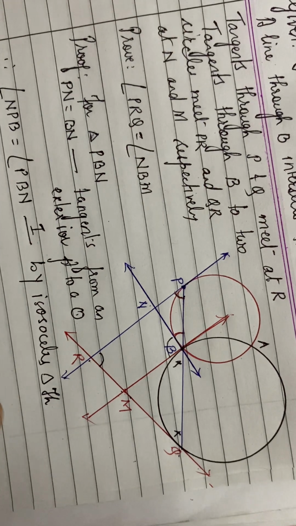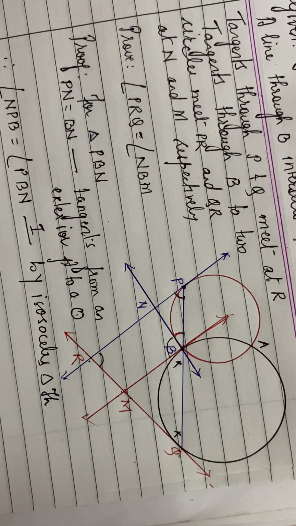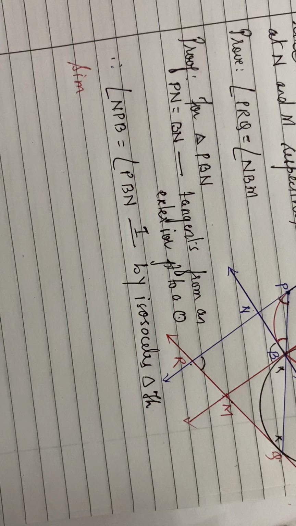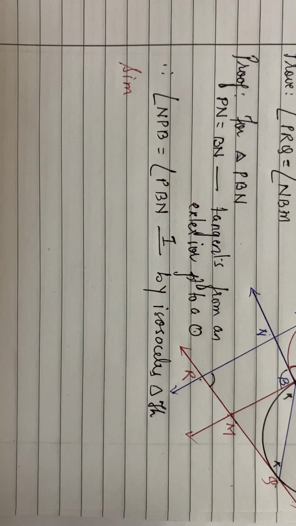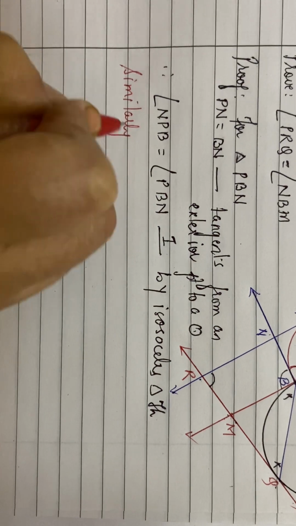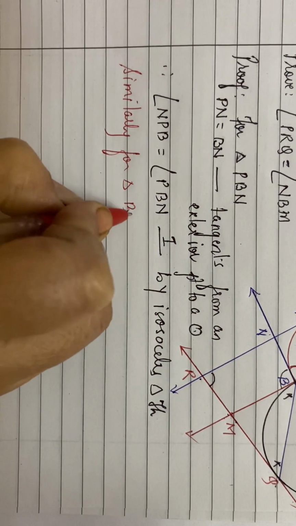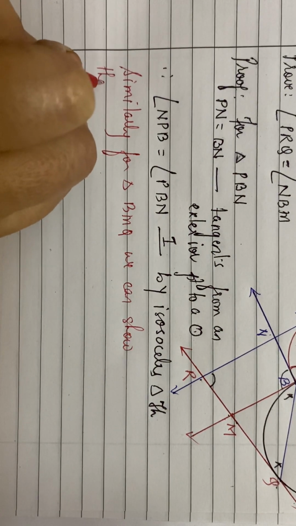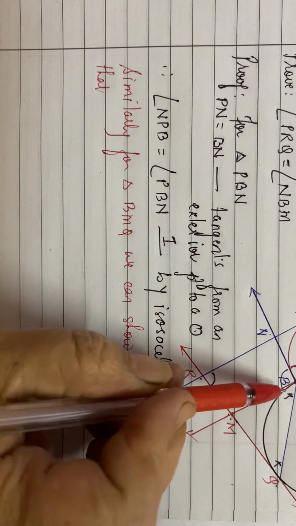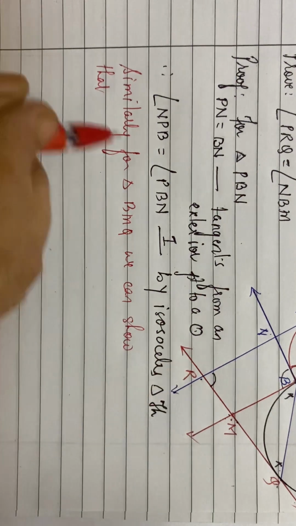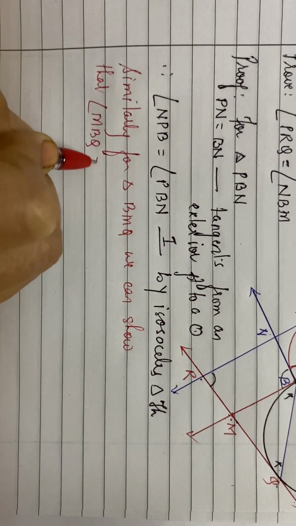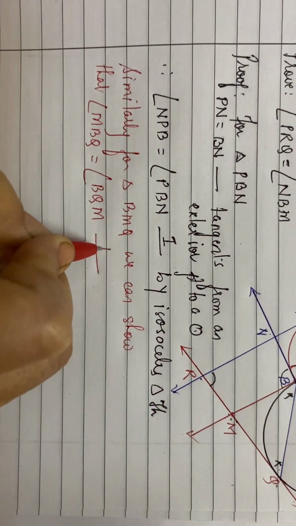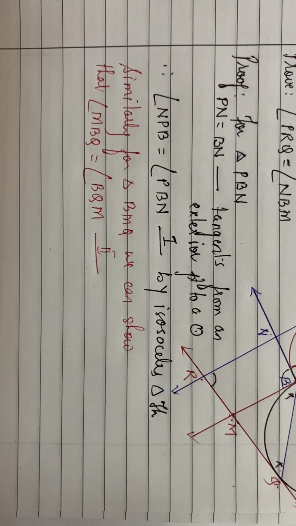Similarly, for triangle BMQ, we can show in the similar manner that angle MBQ is equal to angle BQM. The reason is the same, again by the isosceles triangle theorem.